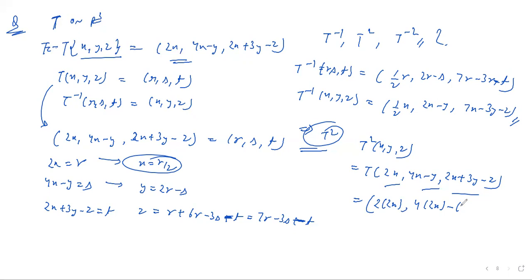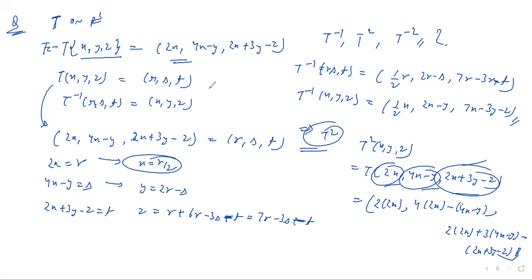And the third term would be 2 of x plus 3 of (4x minus y) minus (2x plus 3y minus z). Here x, y, z are the full terms, and I'm putting the value of x as 2x, and for y I'll put 4x minus y.